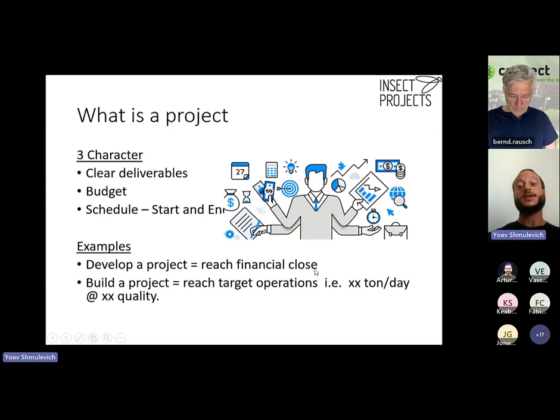That's project development. That's what I'm going to focus on in this presentation. The more classic example is that your project is to build an insect farm. Then your target will be to reach a certain throughput and produce certain quality and quantity of products, for example.